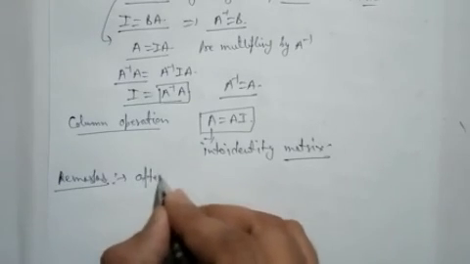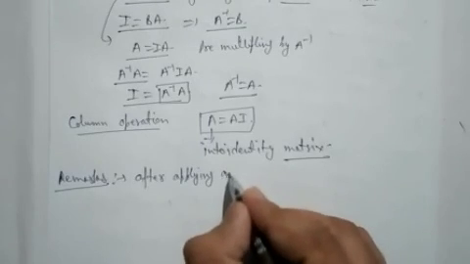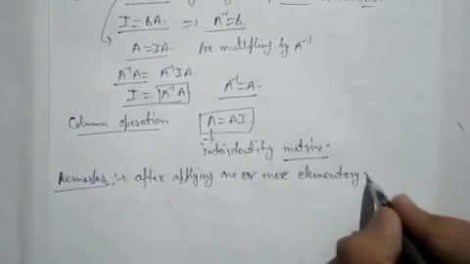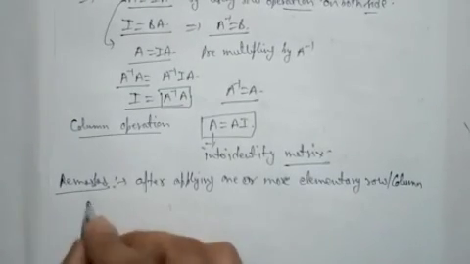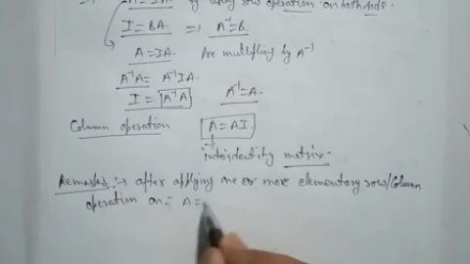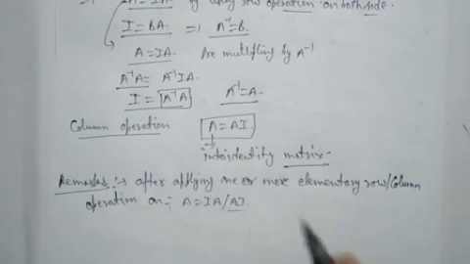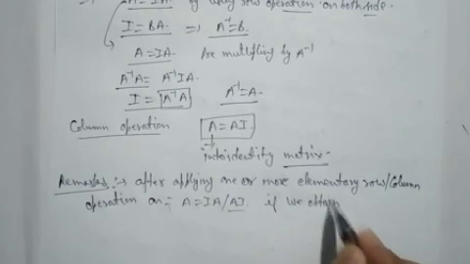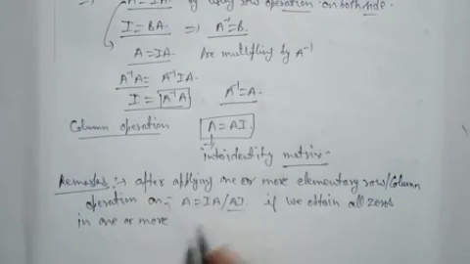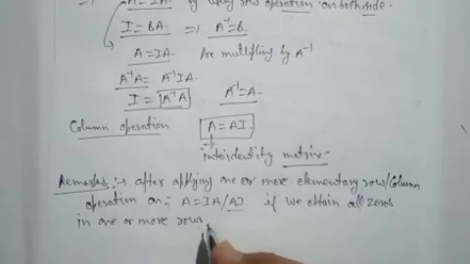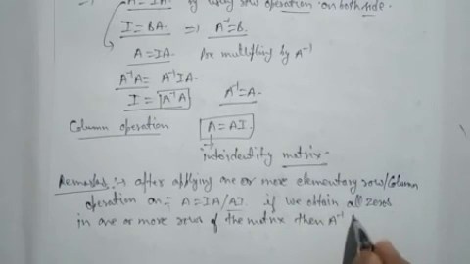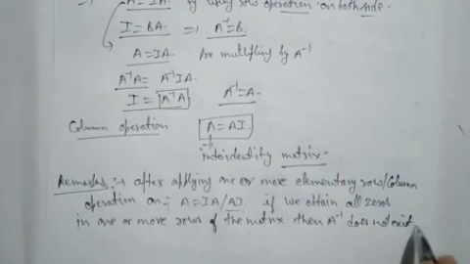After applying one or more elementary row or column operations on A equals to IA or AI, if we obtain all zeros in one or more rows or columns of the matrix, then A inverse does not exist. तब A inverse क्या करेगा?